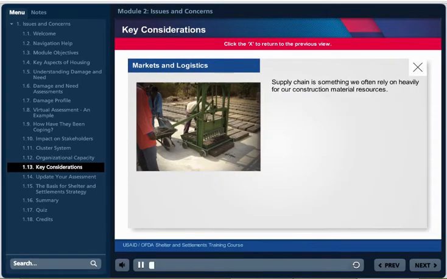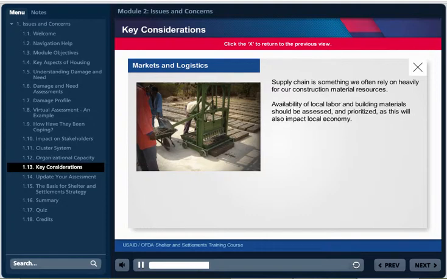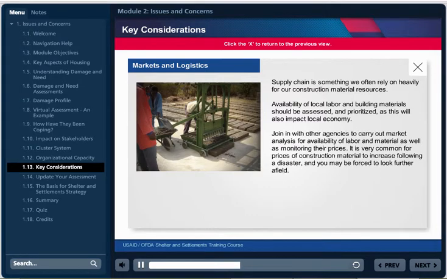Supply chain is something we often rely on heavily for our construction material resources. As such, it is important to understand how the market and logistics have been impacted by the disaster. Availability of local labor and building materials should be assessed and prioritized, as this will also impact local economy. Join in with other agencies to carry out market analysis for availability of labor and material, as well as monitoring their prices.